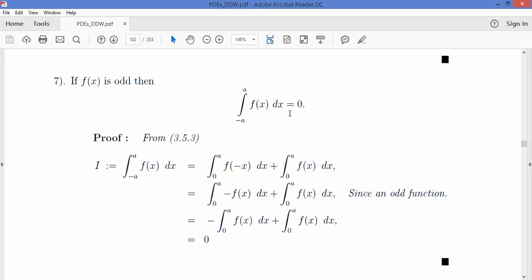So given that this holds, you have this statement here, that is f of minus x dx. Remember, we are talking of an odd function.